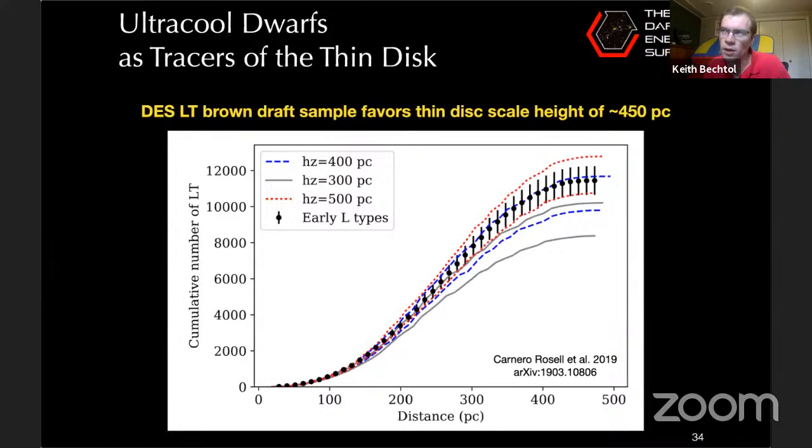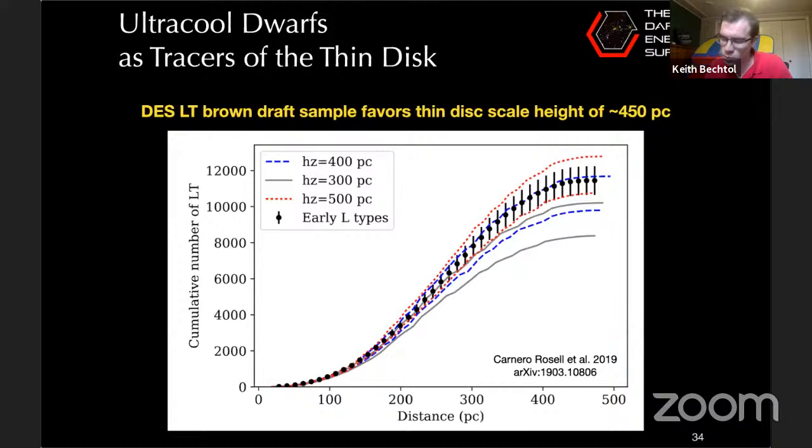And then you can do studies, for example, looking at the thin disk scale height. And what's interesting is that when you compare the inferred scale height of these ultracool dwarfs, we find that this DES sample favors a scale height of something like 450 parsecs, and this is a little bit larger than, say, the M dwarfs found in SDSS.